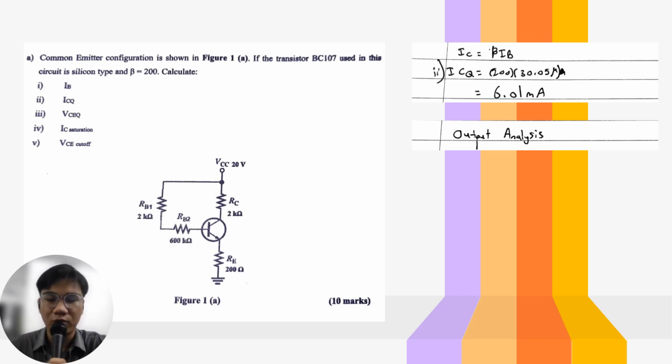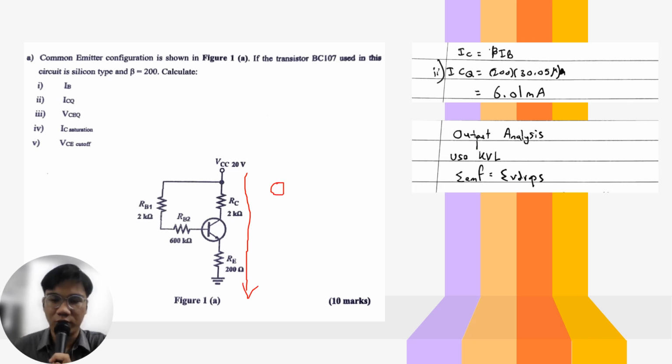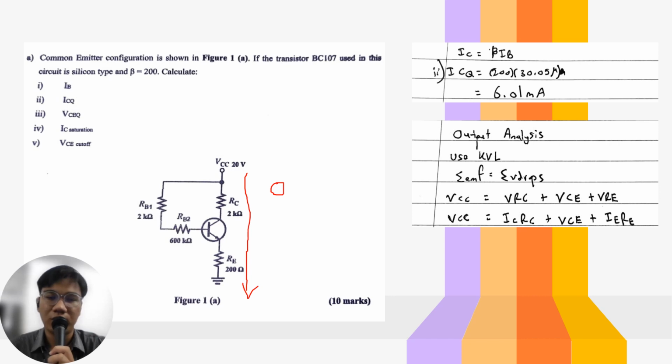Next, we want to find out the value of VCEQ. For this, we have to do the output analysis, which is right here. Again, we use the Kirchhoff voltage law, sum of EMF equal to sum of V drops, so it becomes VCC equal to VRC and then VCE plus VRE.